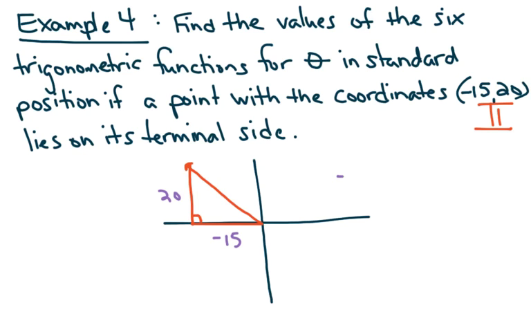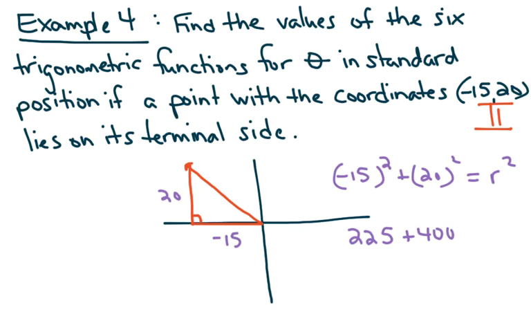So if you use x squared plus y squared equals r squared, which is just the Pythagorean Theorem, we're going to find out that r is 25.